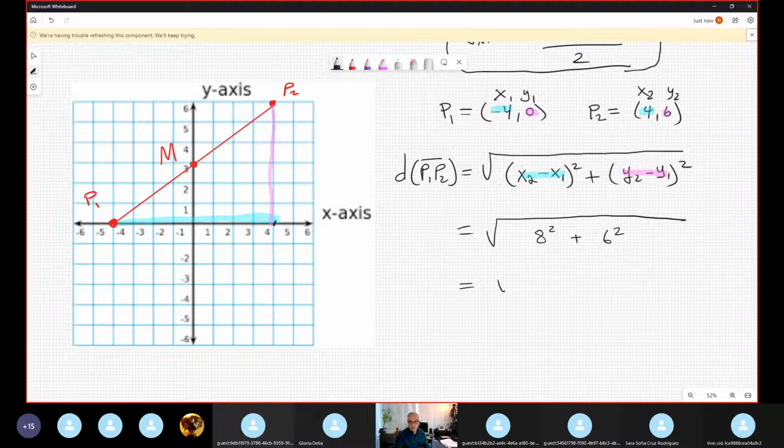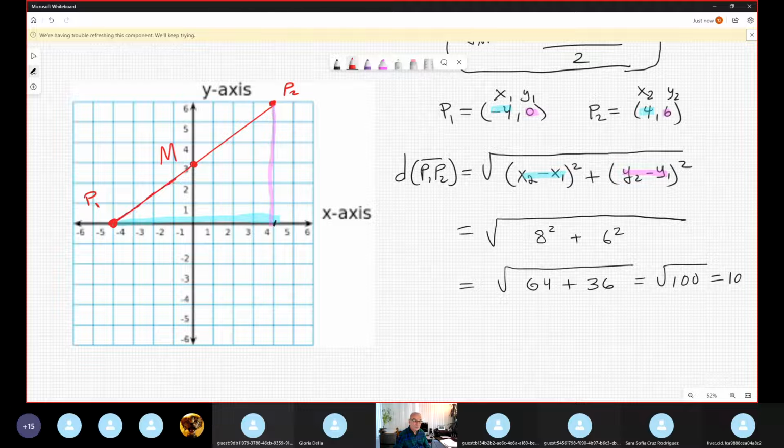So this is 64. This is 36. Wait, I'm crazy, 6 times 6 is 36. Together it's 100, and the square root of 100 is 10. This distance is 10.